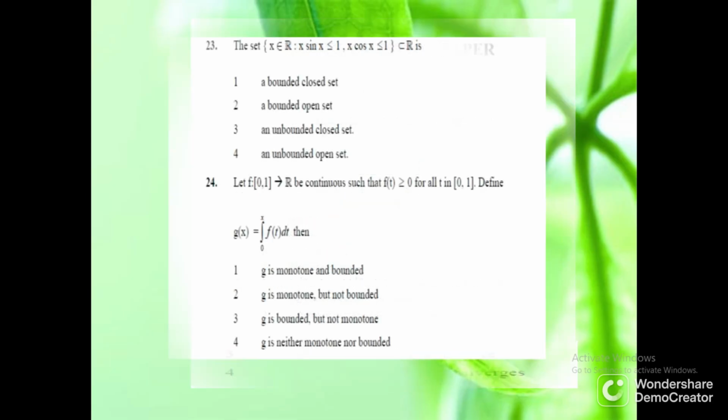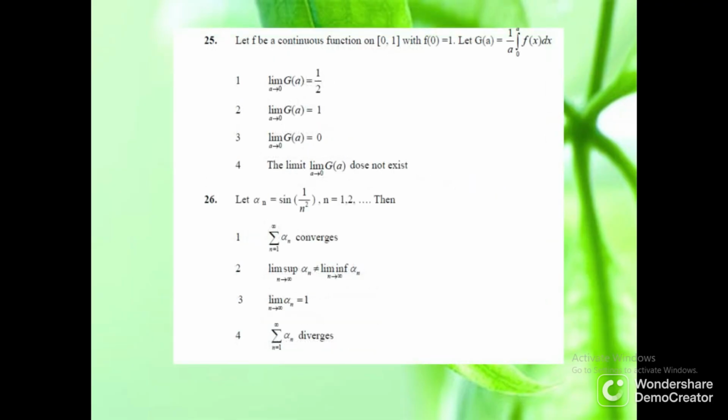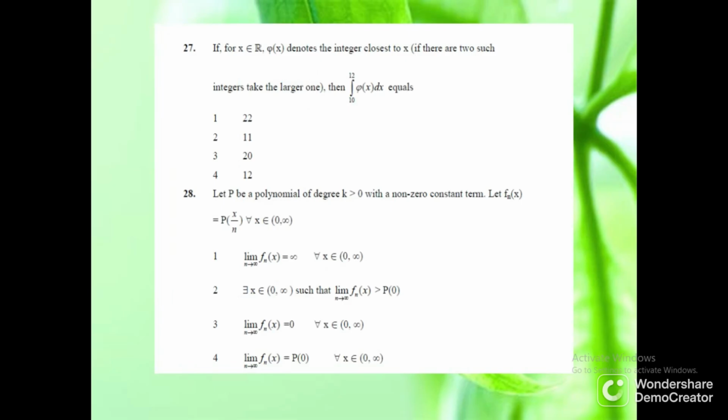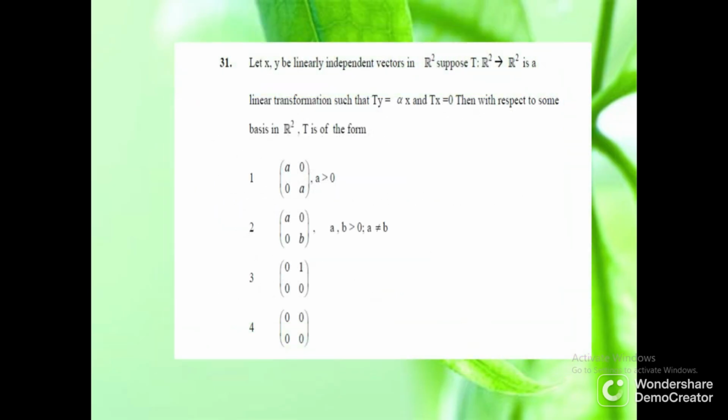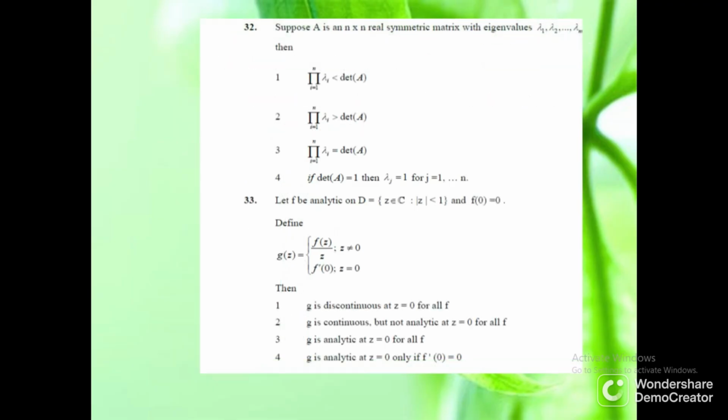And now I discuss Part B. Part B is basically conceptual questions from sequences and series, Riemann integration, complex analysis, series of functions, linear transformations.